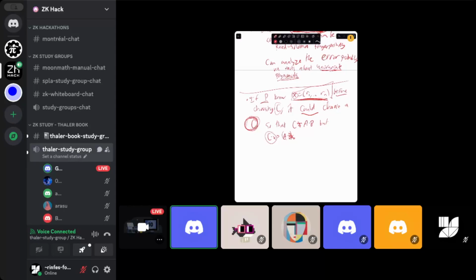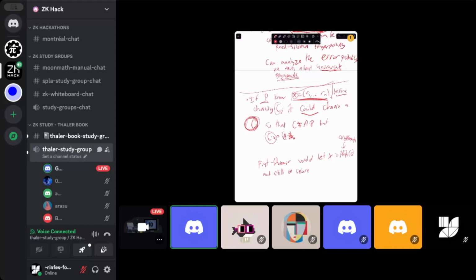But Fiat-Shamir would let X actually be a cryptographic hash of C, a cryptographic hash like SHA or something, and still be secure.